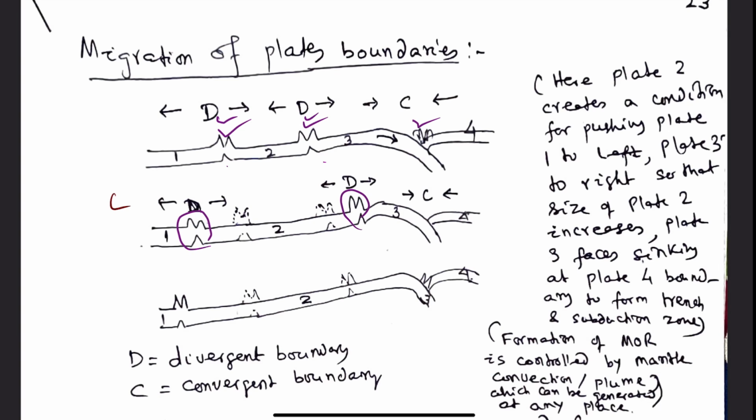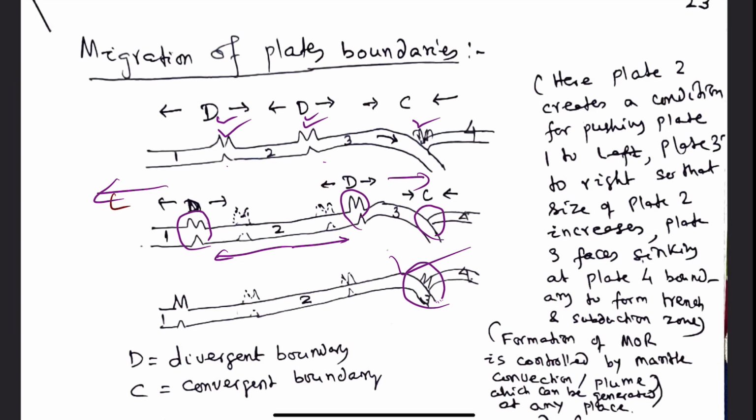The size of plate number 2 will go on increasing with the pushing of plate number 1 to the left and the pushing of plate number 3 to the right, and finally plate number 3 will be consumed at plate number 4 at the convergent boundary, as shown here.